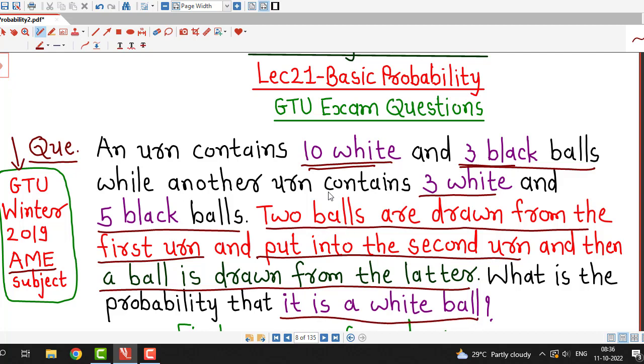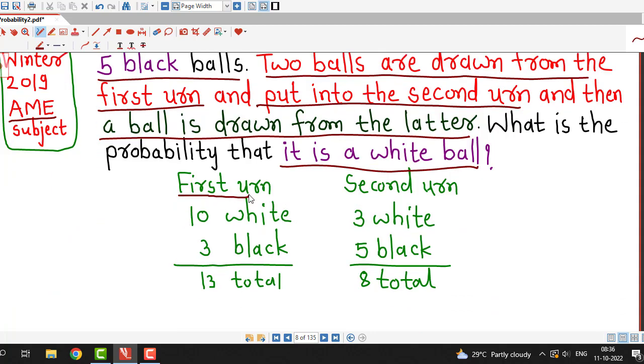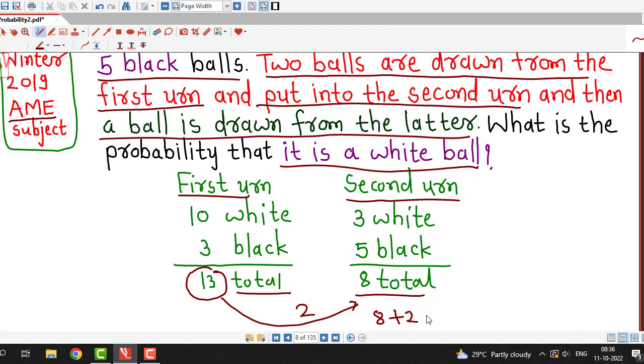Here there are two urns. In the first urn there are 10 white and 3 black, that is total 13 balls. In the second urn there are 3 white and 5 black, that is 8 balls total. Now what they are doing is taking two balls out of these 13 balls, that is they are selecting two balls from the first urn, and putting those two balls into the second urn.